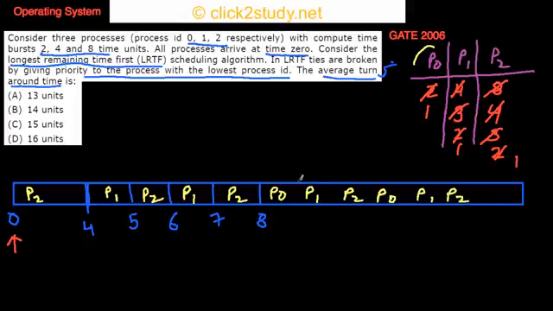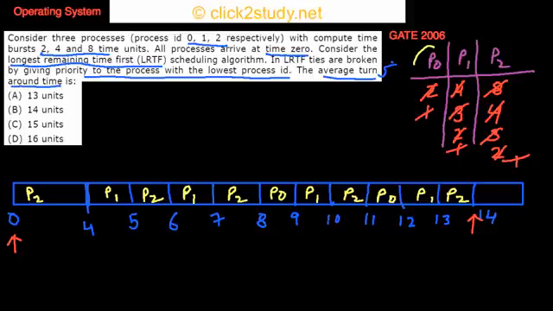This is what is going to happen after 1 time unit for all of these processes, and then finally at this point everything will be done and all of these will become 0. All this will be 9, this will be 10, this will be 11, this will be 12, this will be 13, and this will be 14.